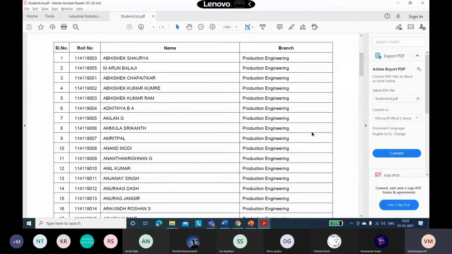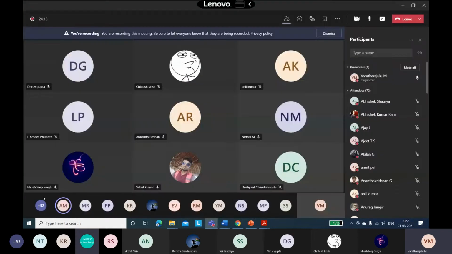Anand Modi, Amrit Pal, Amala Srikanth, Akilan, Aditya, Abhishek Kumar, Arun Balaji, you please join with us. What are the current affairs?